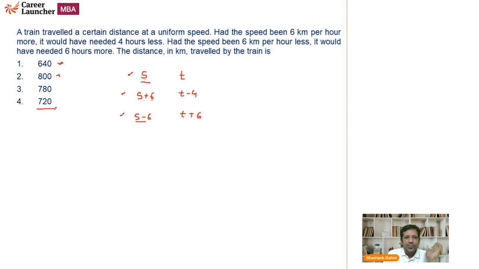So let's start with this option. Okay. So 720, I'm just starting with 18. 18 into 40. Okay. 24 into 30. Then 30 into 24. 36 into 20. Okay. Fine. So the middle value is this. So s is 30 into 24.